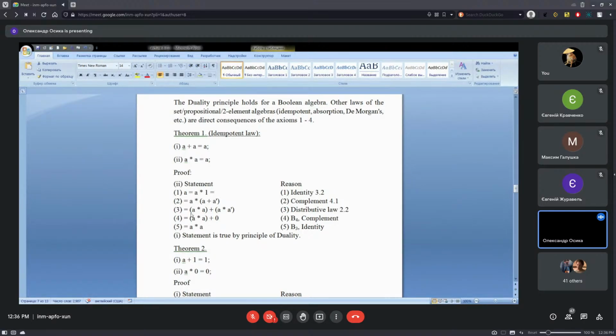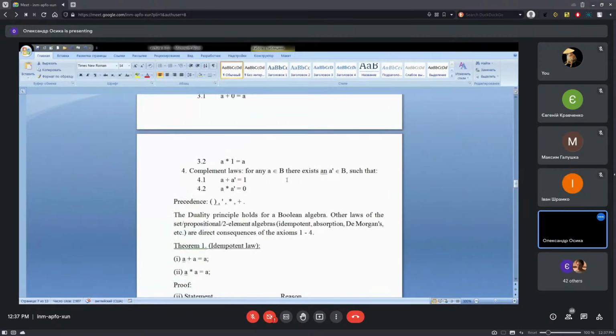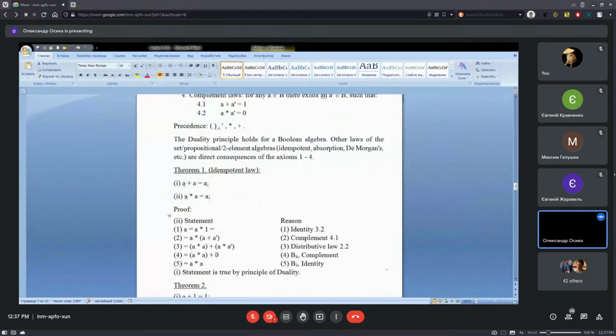So we transform this into this by the distributive law. This A by A prime, we have it is 0 plus 0, and after that or 2.